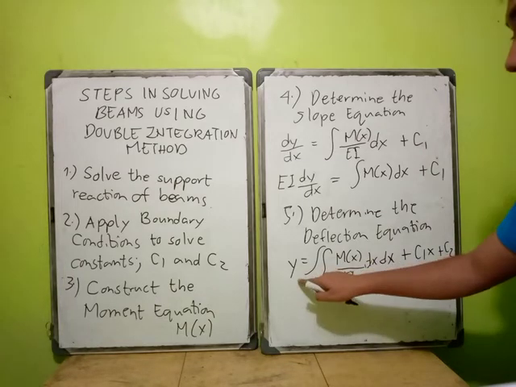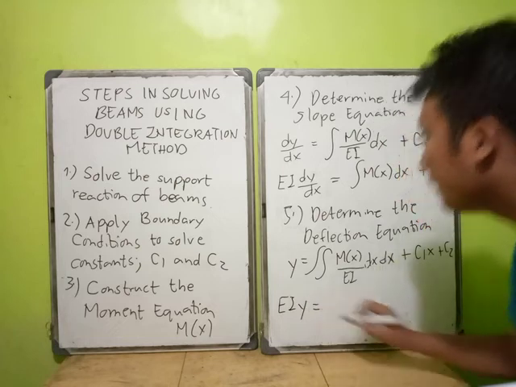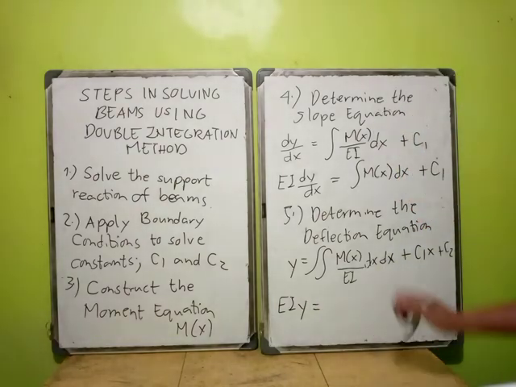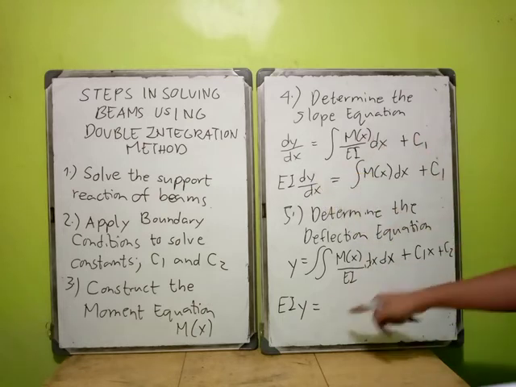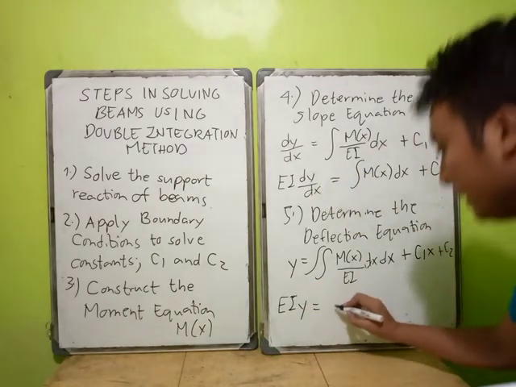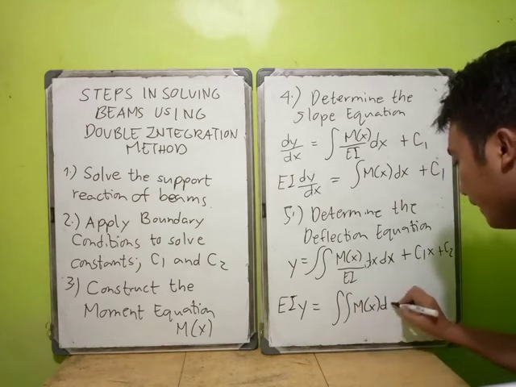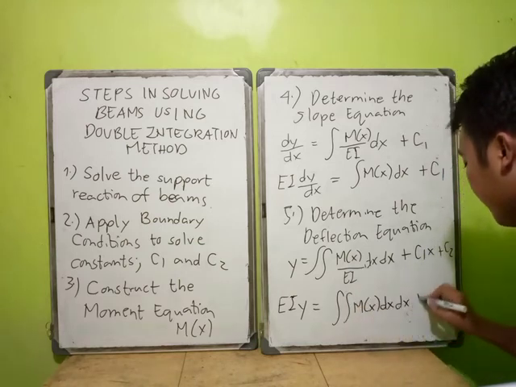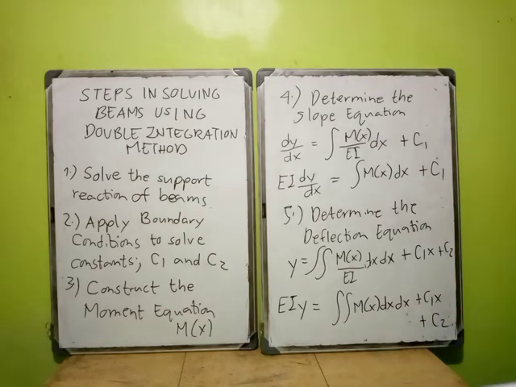So, you may use this or other books may use this one. EI y, okay? Also, this one, dy over dx is equivalent to y prime. It would also be this one: M of x, double integral dx dx plus C1 x plus C2. Please take note that the C1 and the C2 here are of different values.